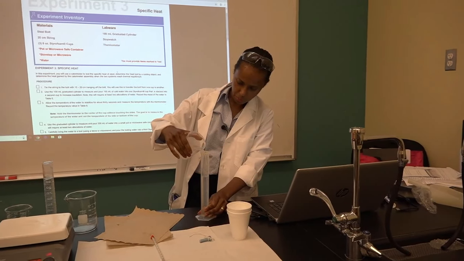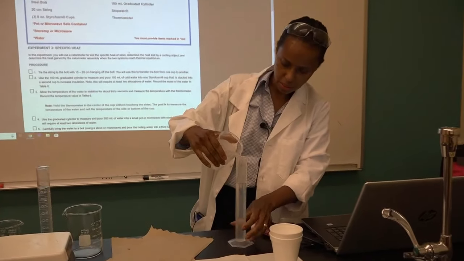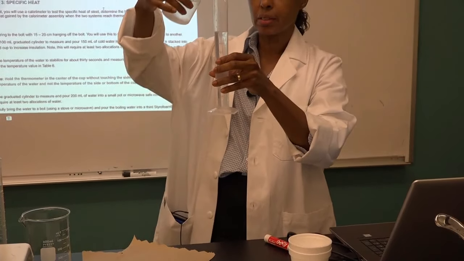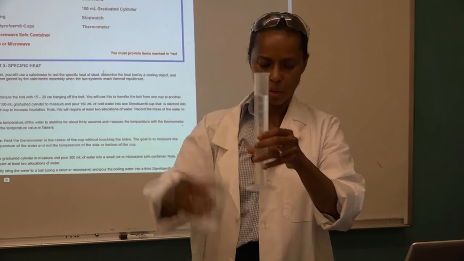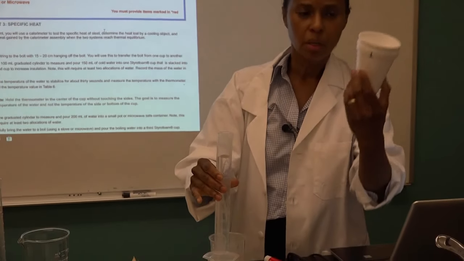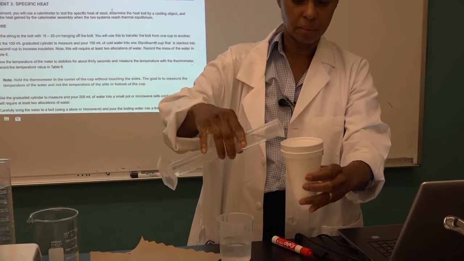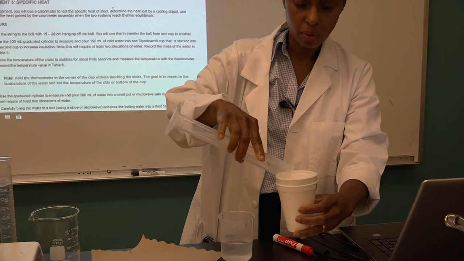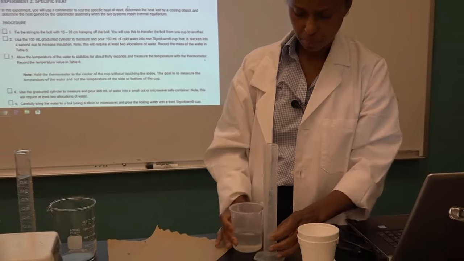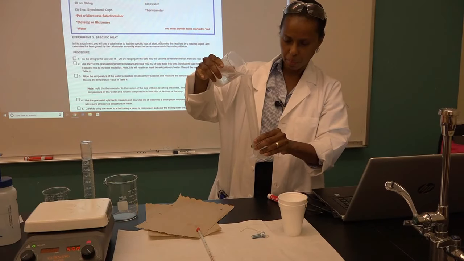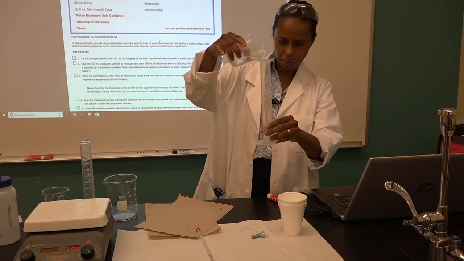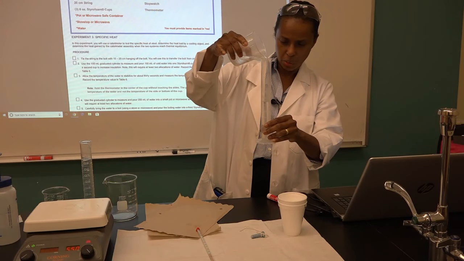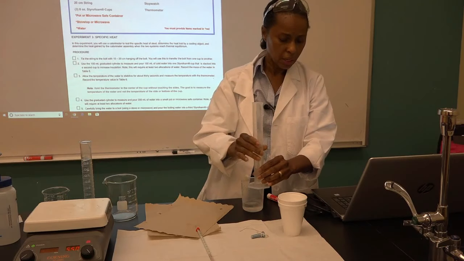As you once again remember, the technique is making sure you use the meniscus and bring that up to a mark, right? You place it in this cup. Label number 1 should be your calorimeter, and that will be 150 ml. My water is really cold, but you could just use room temperature water. You're going to let this water sit for a while to gain equilibrium.